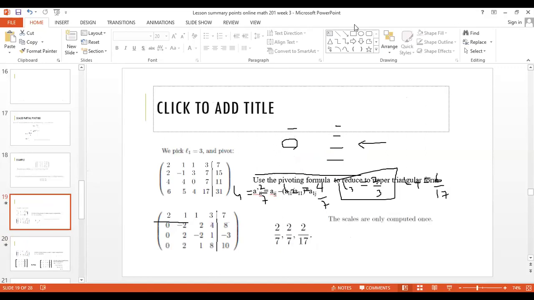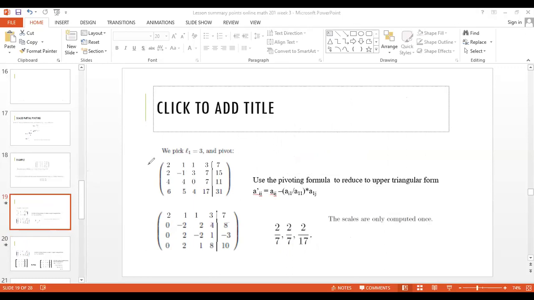So the initial row 3 was brought to the top, then this was row 1, then we brought row 2 down, and then we had row 4 down here. Then we apply the pivoting formula for the reduction. So now that this is our pivot, we're going to do the reduction.